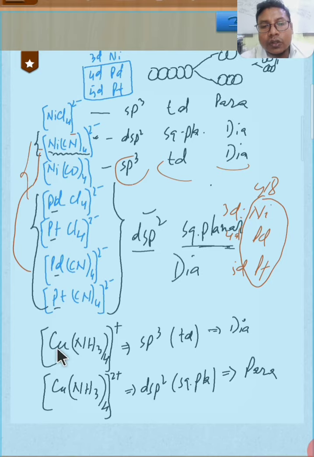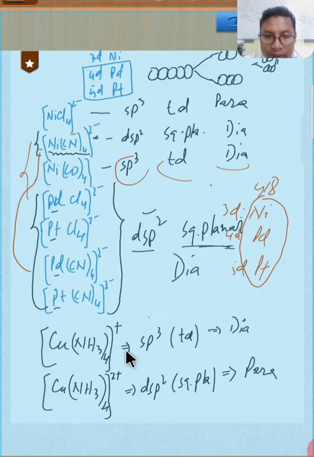Okay, so in the last I'm going to give information about these 2 complexes also. In these 2 examples, copper has an oxidation state of +1 and +2. +1 in this case.